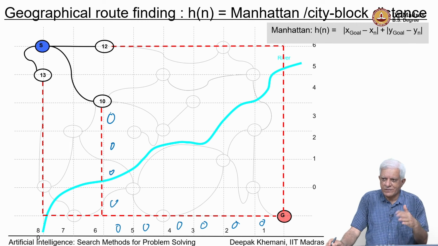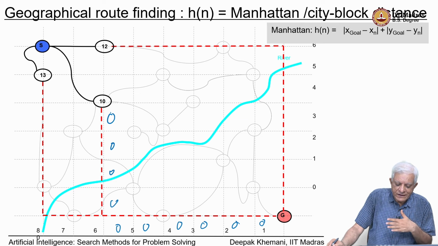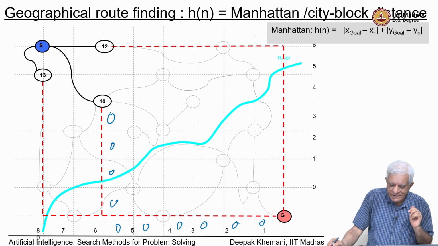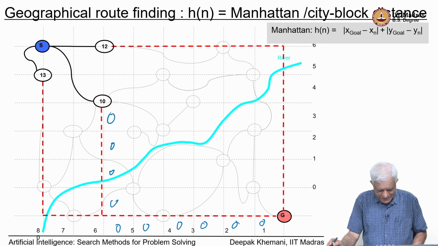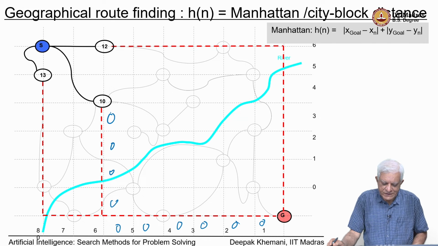You are 10 steps away from the goal if you were going in a grid. It is called Manhattan distance because Manhattan is a city where the roads are very nicely laid out as grids. Of course, in our graph they are not a grid, but we can still use Manhattan distance as a heuristic function.